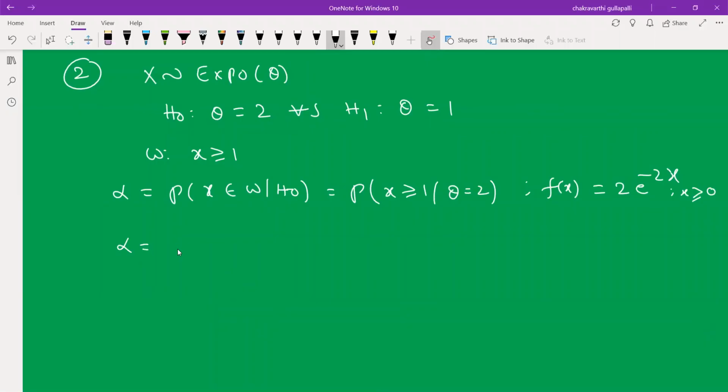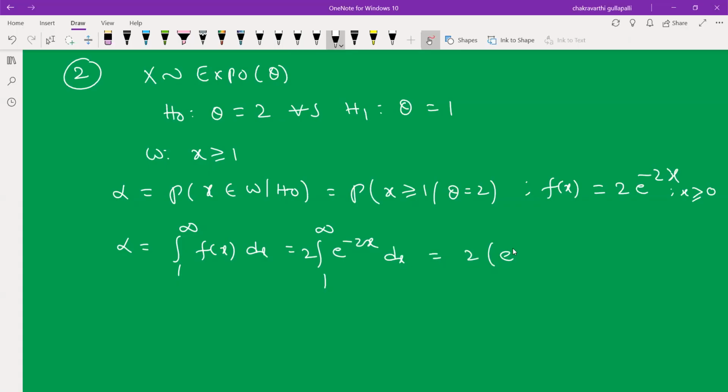Alpha is equal to the integral with lower value 1, upper value infinity, of f of x dx, where f of x is 2 into e power minus 2x dx.